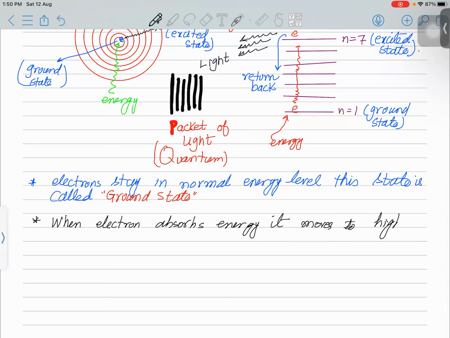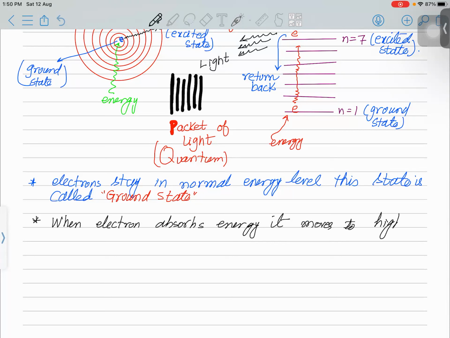Now, types of orbital. We have 4 types of orbital. Can anyone name these orbitals? Do you know what the orbitals are, and how many types? Mohammed, do you know? No, sir, I've got no idea.